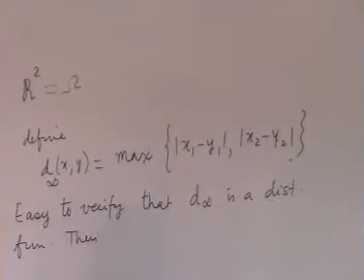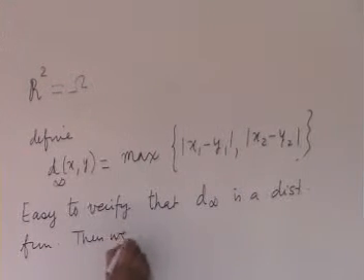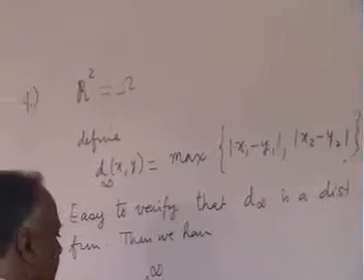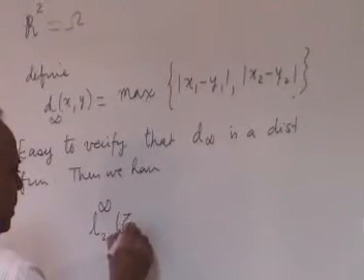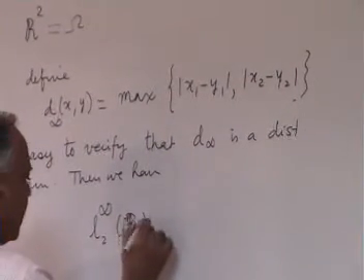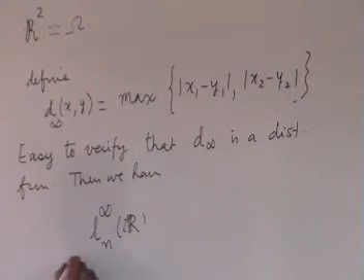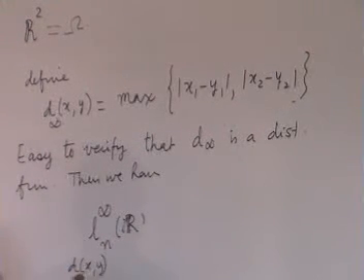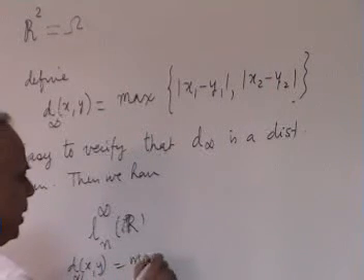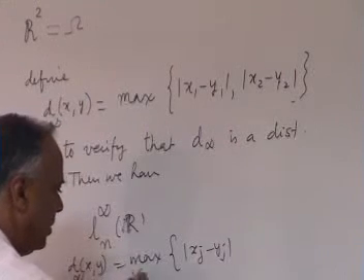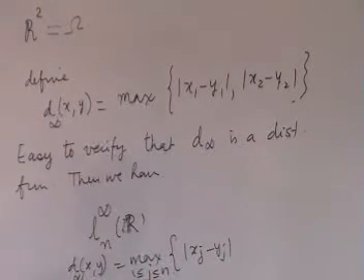Then we will call it L infinity 2 real, and in general we can have Ln infinity, where the distance now will be the maximum of the coordinate differences.